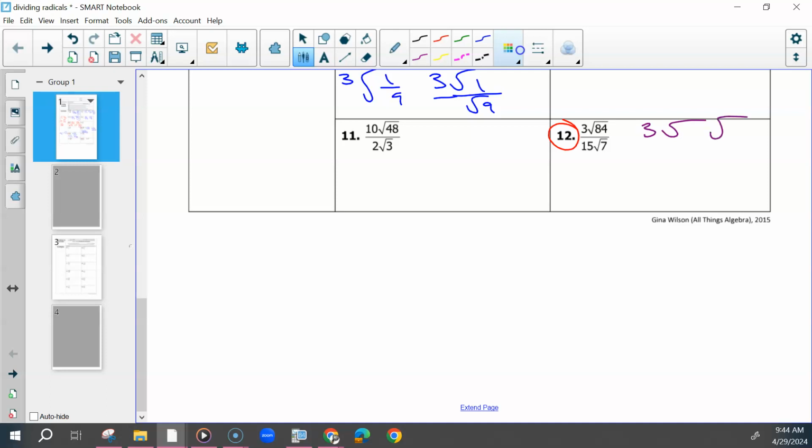What is the highest perfect square that goes into that? Or 21. Because 21 is another number that cannot be simplified because it'd be 7 and 3 and that's it.